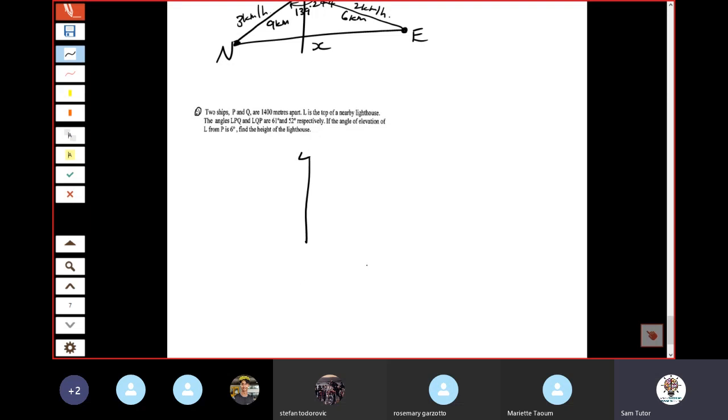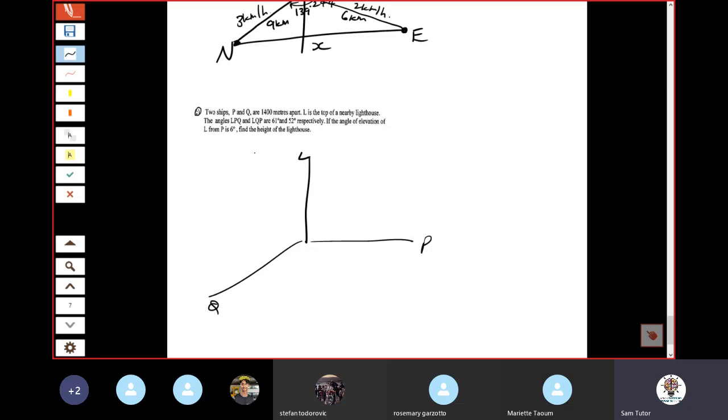Two ships P and Q are 1,400 meters apart. LPQ. Yeah, that won't work very nicely for you guys, so I wouldn't want to do it this way. LQP.